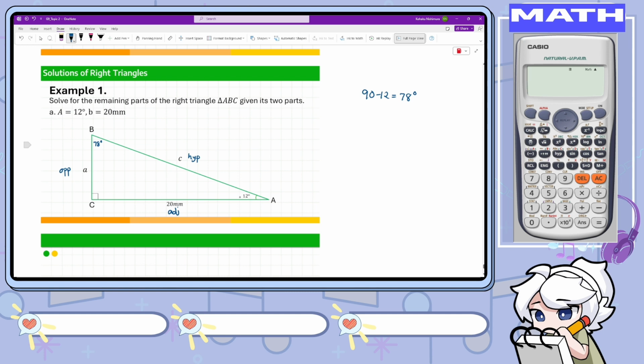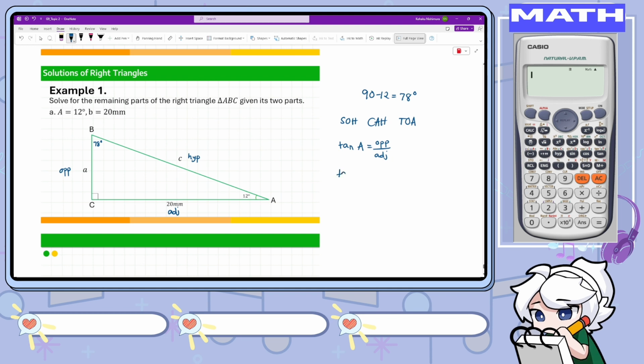Let's try to solve the opposite side first with respect to A. So, among SOH-CAH-TOA, if I want to solve the opposite side, which mentions both adjacent and opposite at the same time, it's tangent. Okay, very good. So, let's use tangent. Tangent A is opposite over adjacent.